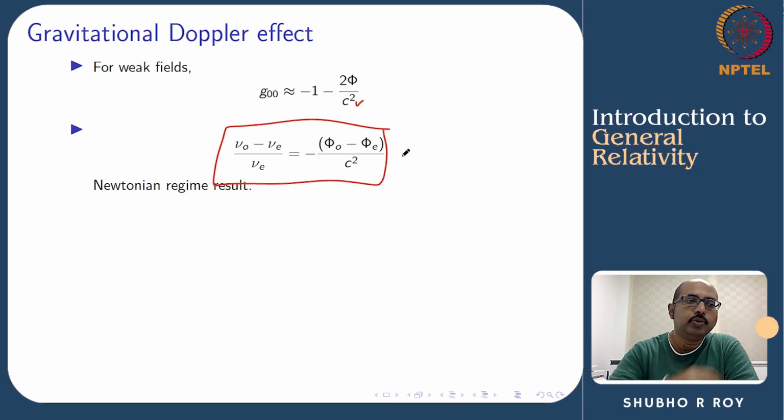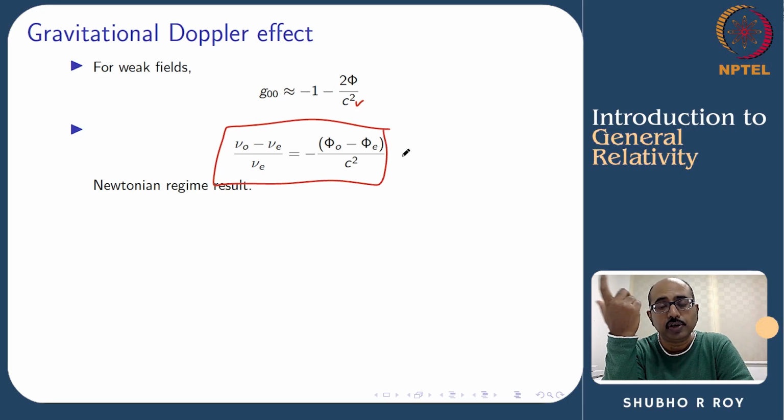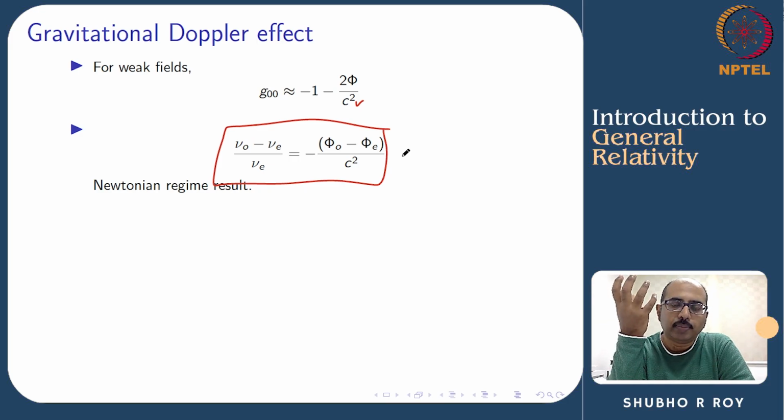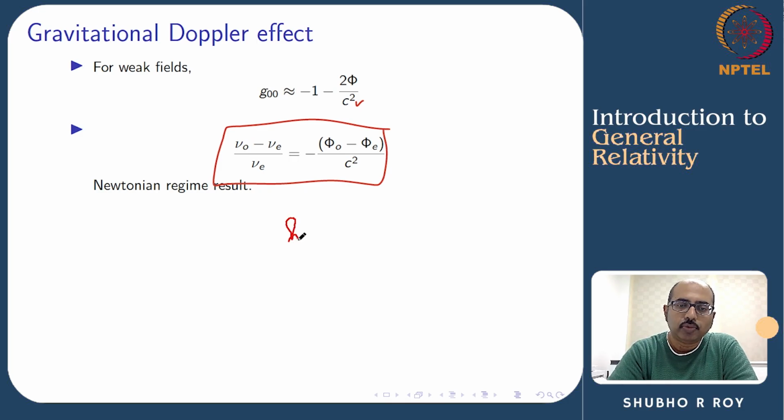redshifting. And in Newtonian theory, which is different from the GR theory, you ascribe the photon with some mass, given by h nu, which is the energy of the photon. This you write as mc squared. If I divide both sides by c squared, I get the mass of the photon, and you think of the photon as a massive particle with this mass.